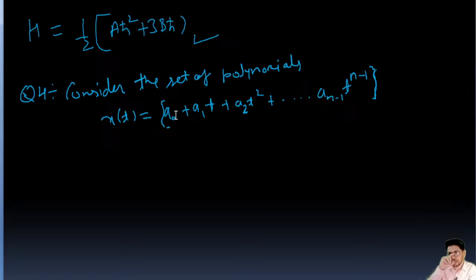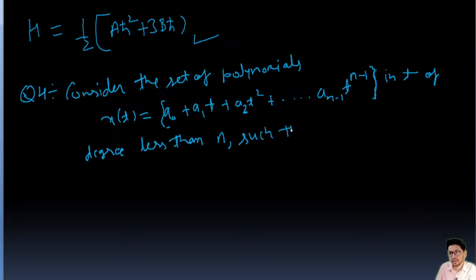This is the set of polynomials in t of degree less than n, such that given x(0) = 0 and x(1) = 1.